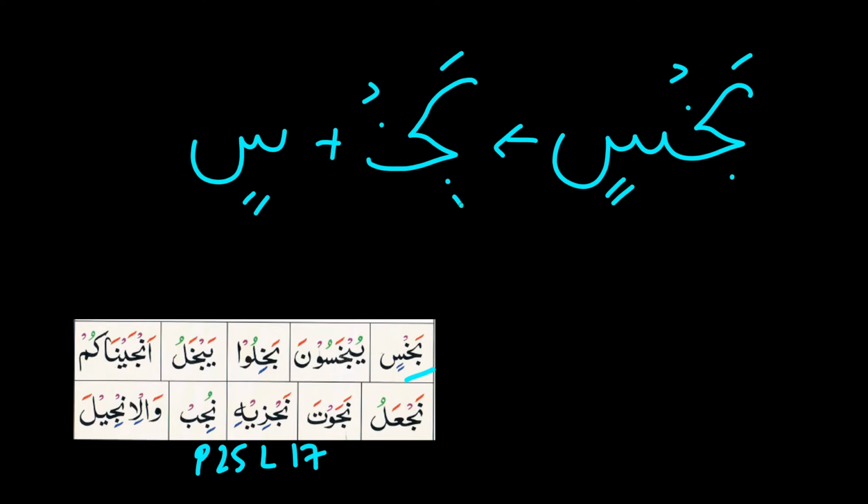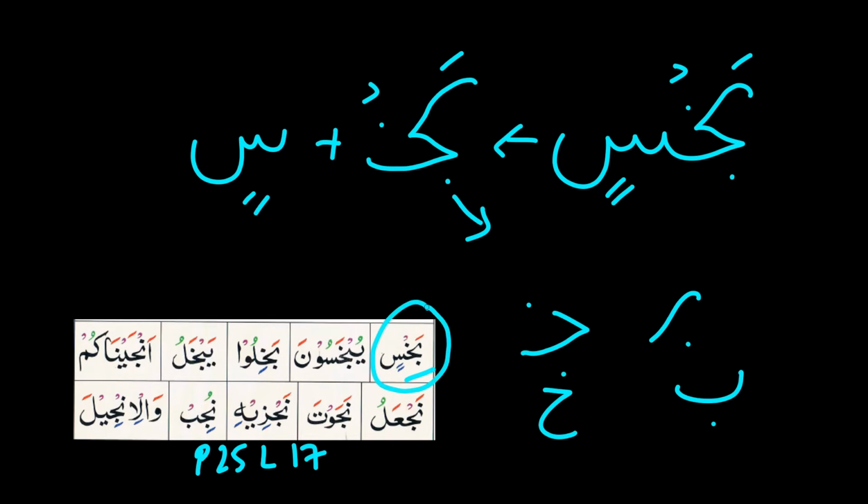So we know that is going to be, so first letter here, that's a ba, and next here, that's a kha. So how do you read this? This is bakhsin, bakhsin.